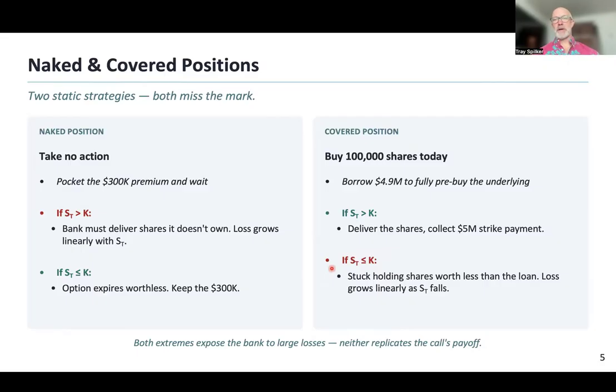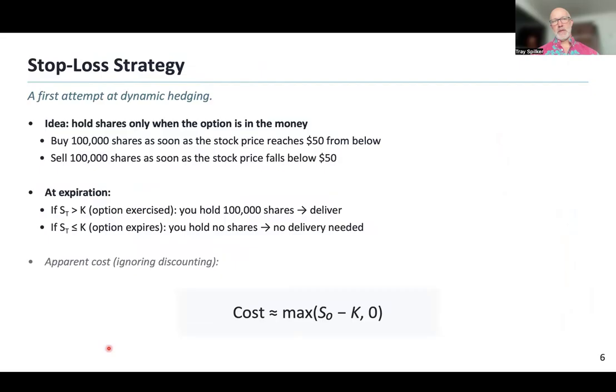So we're out 1.9 million on the shares. Neither of these positions is particularly attractive for us from a hedging perspective. In both extremes, we're exposed to very large losses. So this requires a dynamic approach to the hedging process.